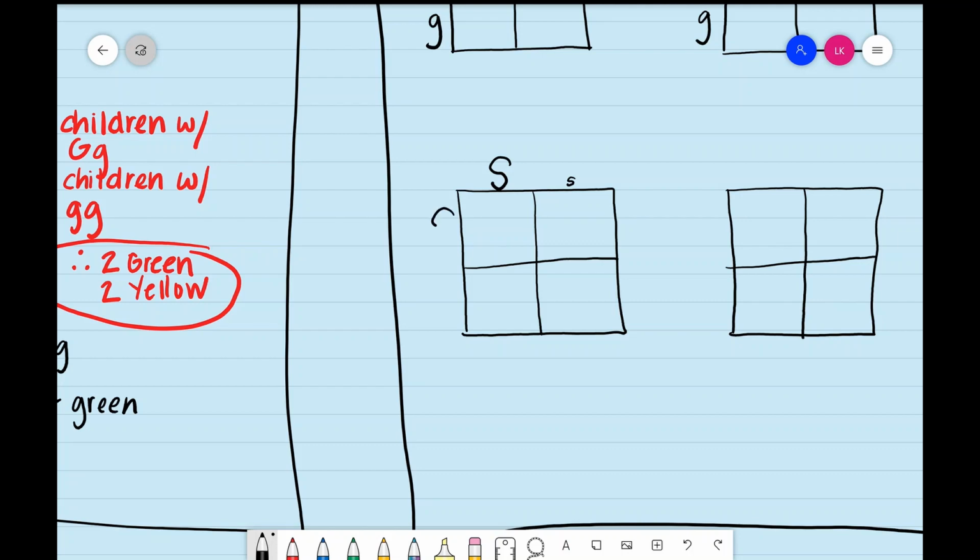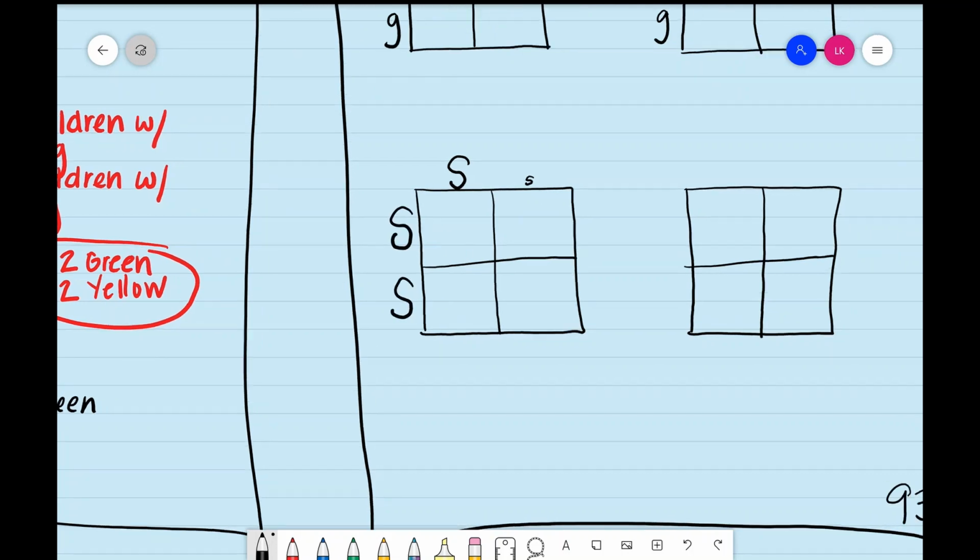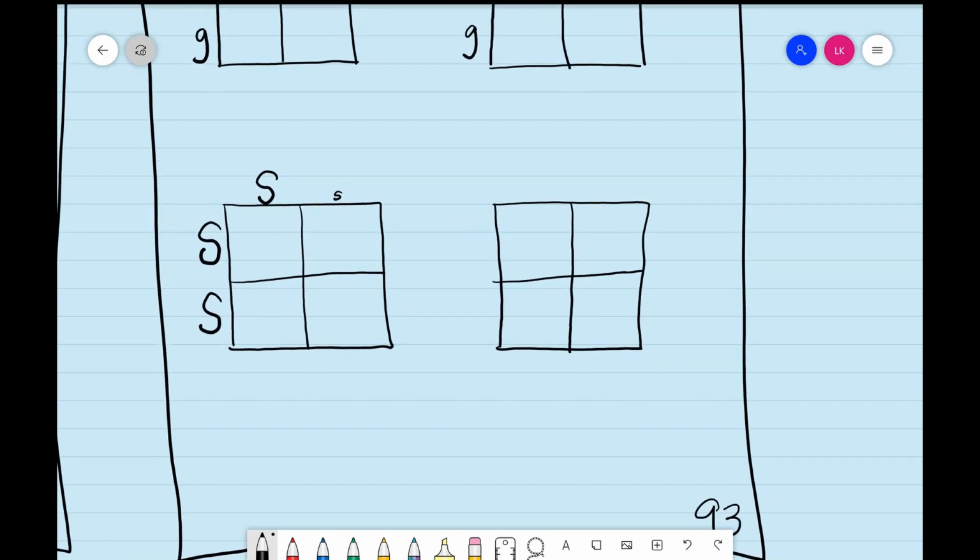And big S, big S. So what would the Punnett square be there? And lastly, let's say little s, big S, little s. So what would that answer there be? Stay tuned, I will give you the answers, but I want you to try them out first.